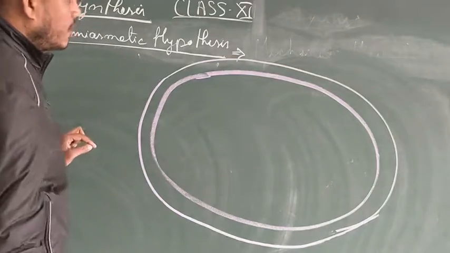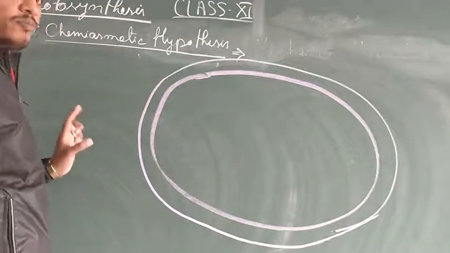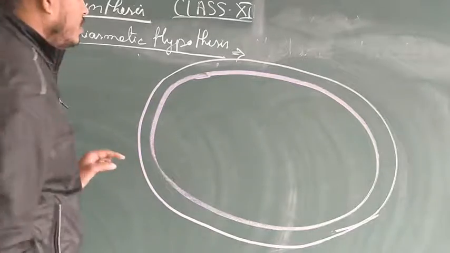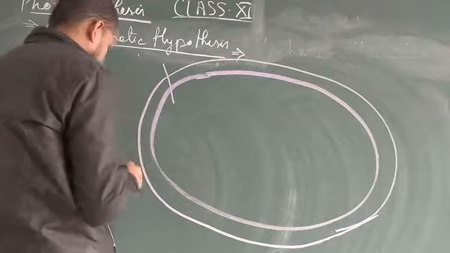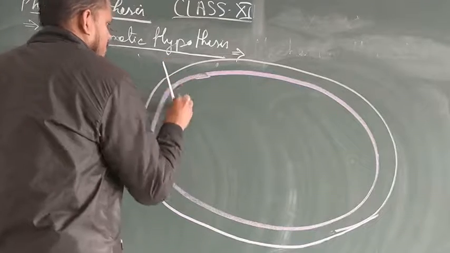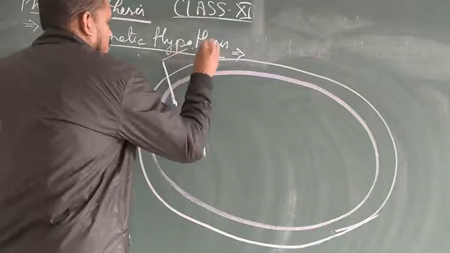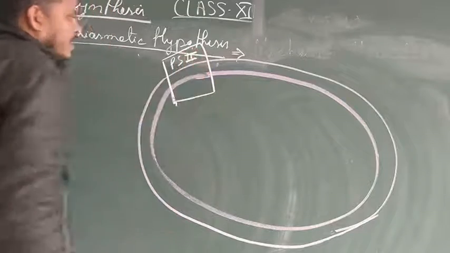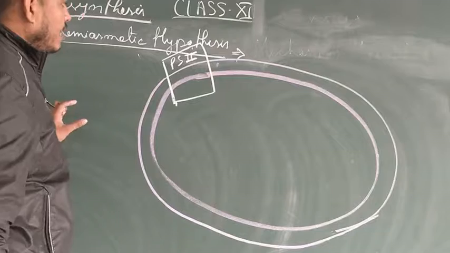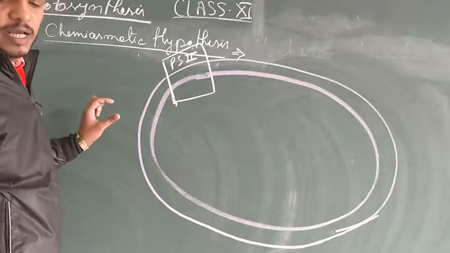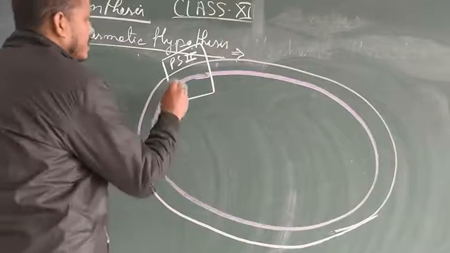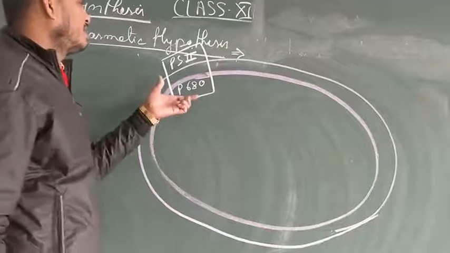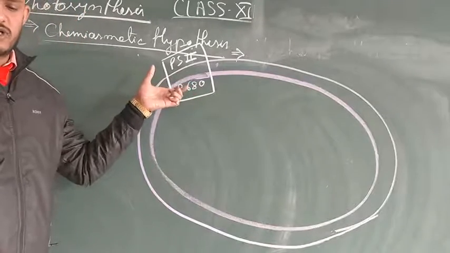I told you that photosystem 2 and photosystem 1 are both present in the stroma lamella, in the membrane. Here you can see photosystem 2, and the light of 680 nanometer is absorbed in photosystem 2.